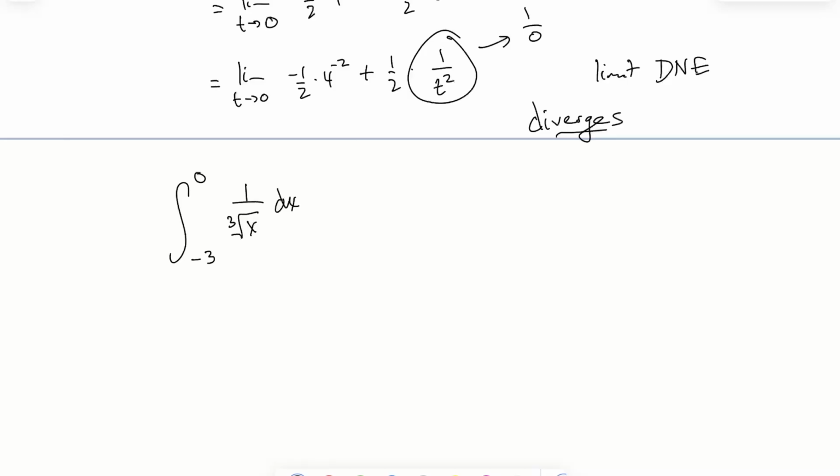No, because you have to do the x first. You can't just set that to the positive.